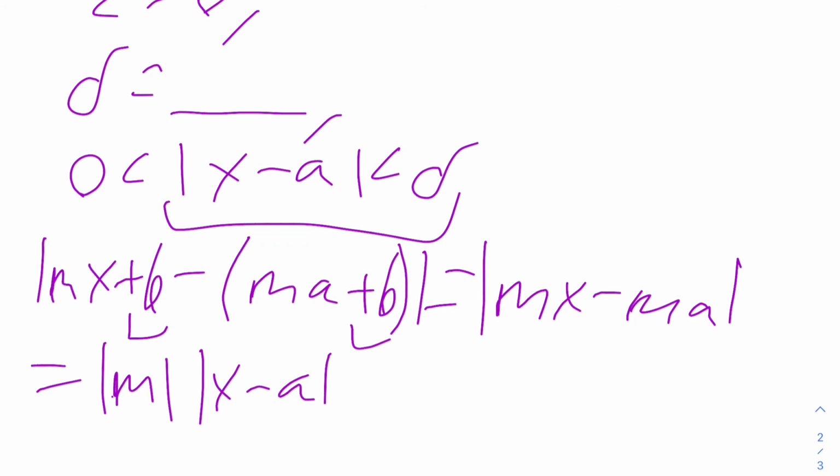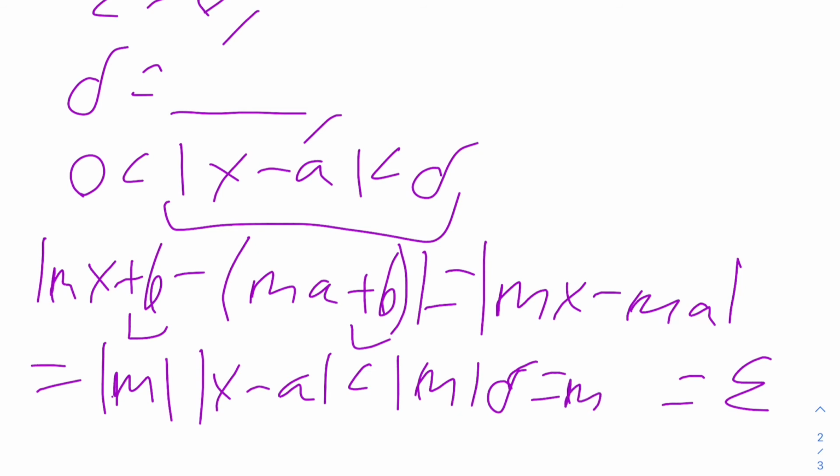So you know that x minus a is less than delta, so this is less than absolute value m times delta. And then what do we set this to in order to get the final epsilon we desire? What do we set delta to? We set it equal to epsilon over absolute value m.